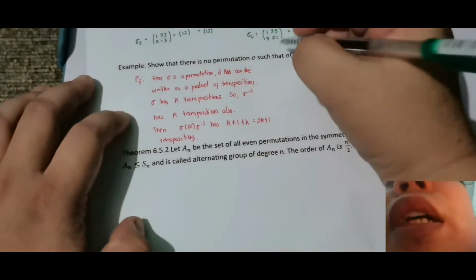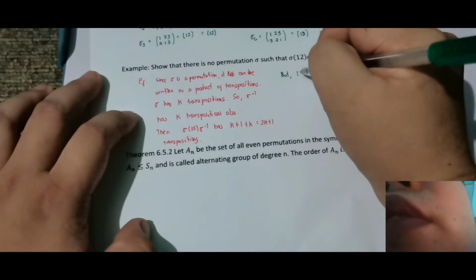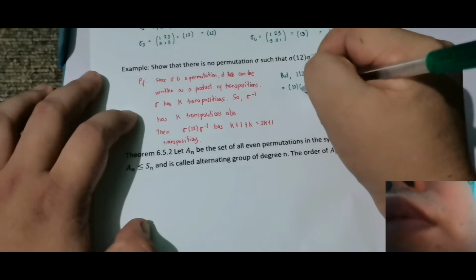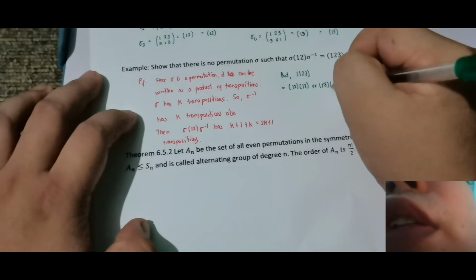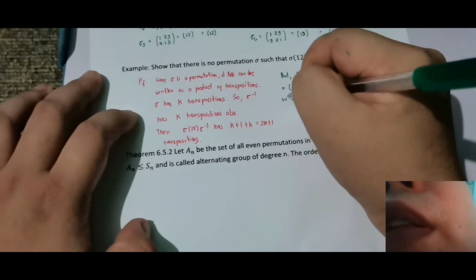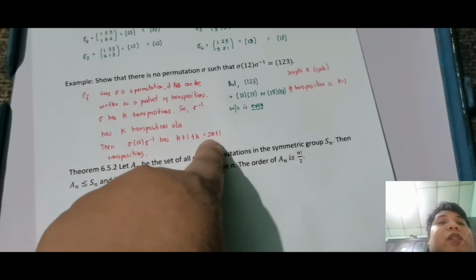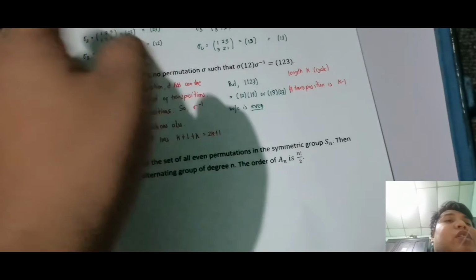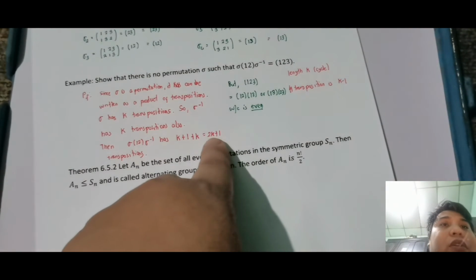Okay, but (1 2 3) is equivalent to (1 2)(1 3) or (1 3)(2 3), which is even. Okay? So therefore, since yung number of transposition netong left side natin is 2k plus 1, as yung number of transposition ng (1 2 3) natin is sure tayong even. So alam natin to, ito ay odd.